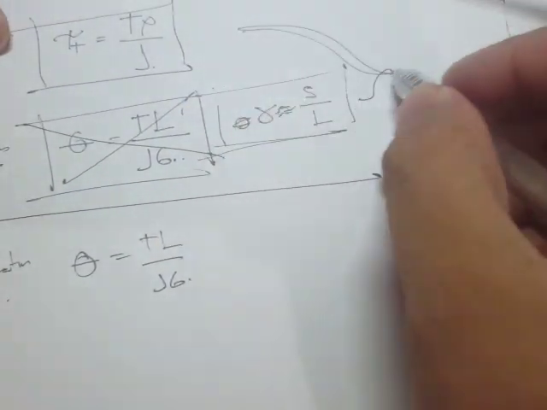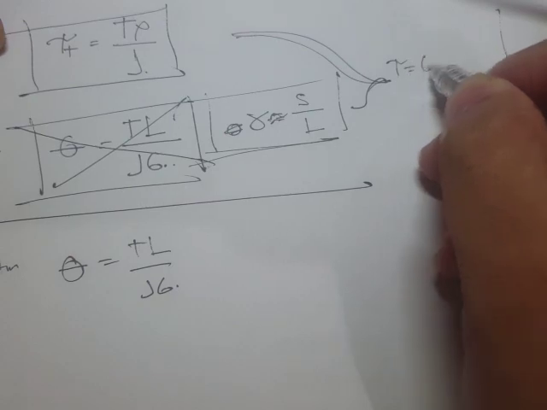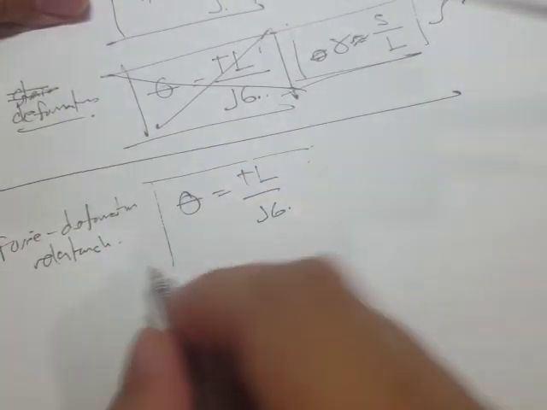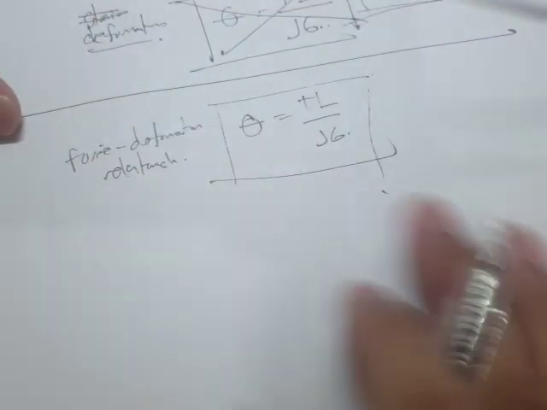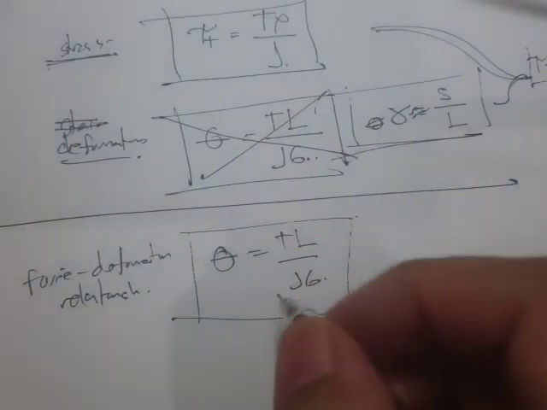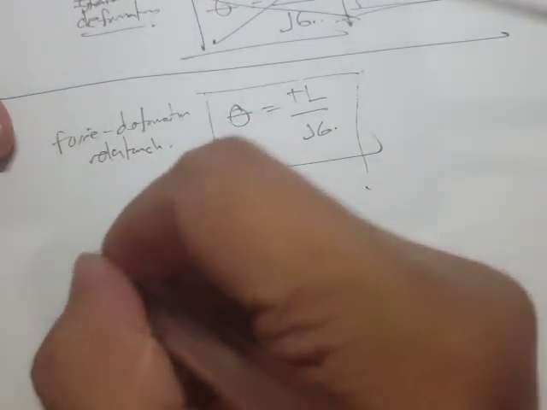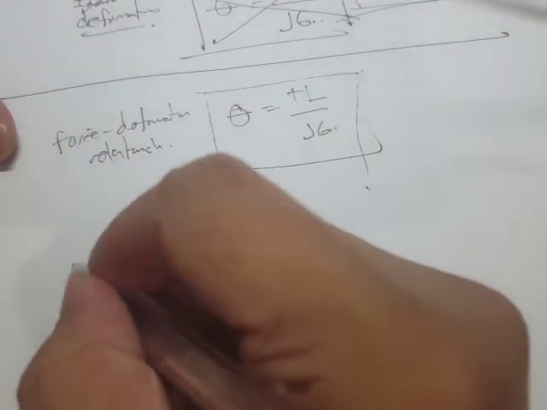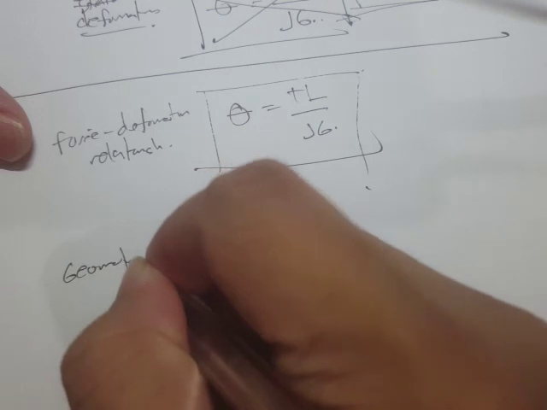And if we combine this using Hooke's law, then what we get is this force deformation relationship, right? So we need these three equations, right? And also the geometry of deformation.